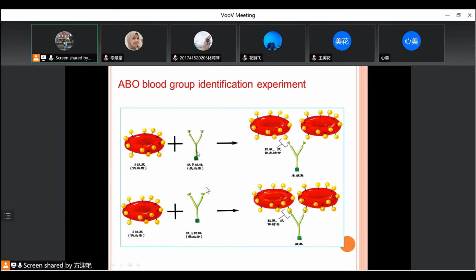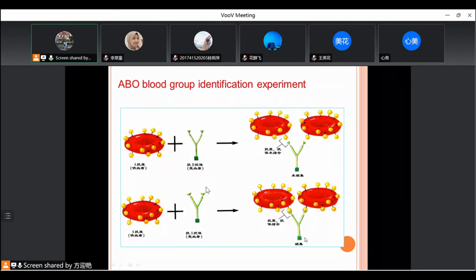When the A antigen and the anti-B antibody are together, they cannot bind, so there is no agglutination. If the red blood cell has the A antigen and the plasma antibody is anti-A, then the anti-A antibody can bind to the A antigens, and this antibody can bind antigens on one red blood cell and on another red blood cell.